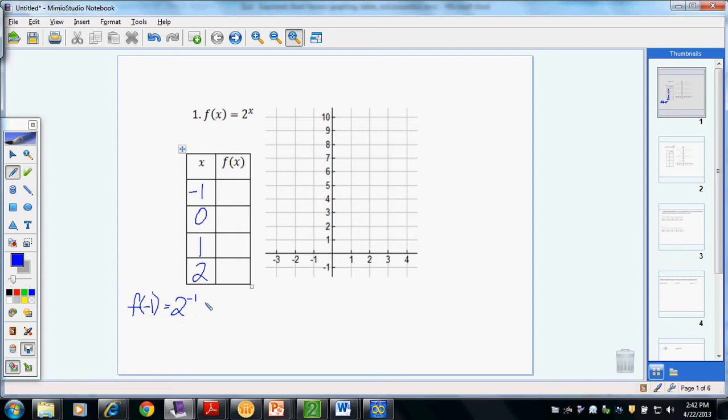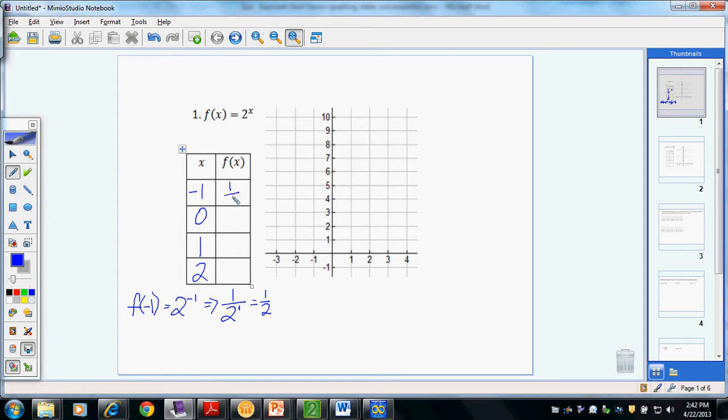Now again, please remember that negative exponents means that we take this base right here and we flip it. So we have 1 over 2 to the positive 1 power, which is the same as 1/2.